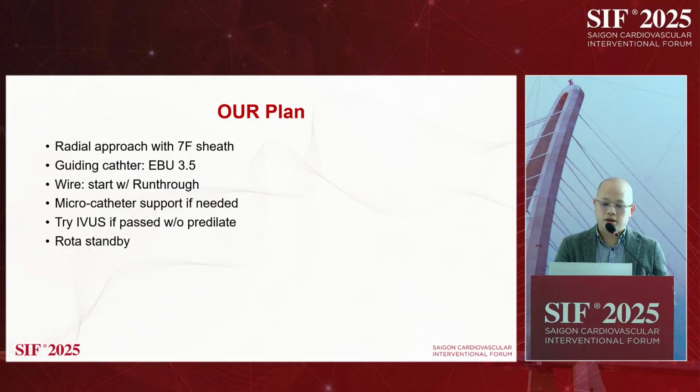So our plan: we chose the 7 French sheath, but we upgraded the size of the sheath, accessed by the radial approach, and for the guiding catheter we use the EBU 3.5, and the workhorse to start with is Runthrough. We have Micro support if needed, and yes, we agree. We tried first with the IVUS, and actually we don't have OCT in our cath lab, and we have standby for rota.